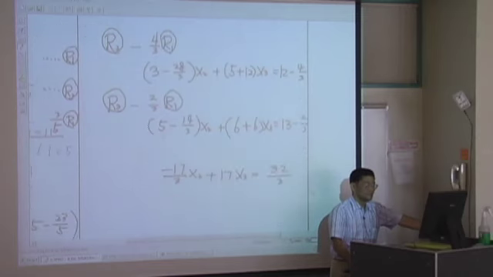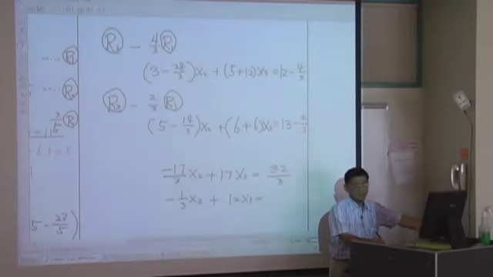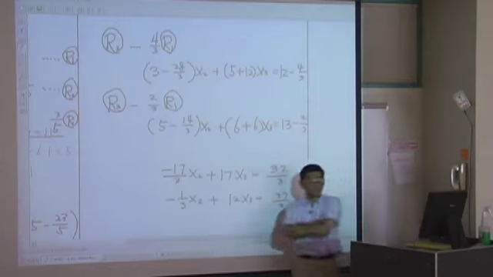And similarly here, it is negative 1/3 x2, and then 12 x3, and then 39 minus 2, that is 37 over 3, right? So we can do the calculation straightforwardly.